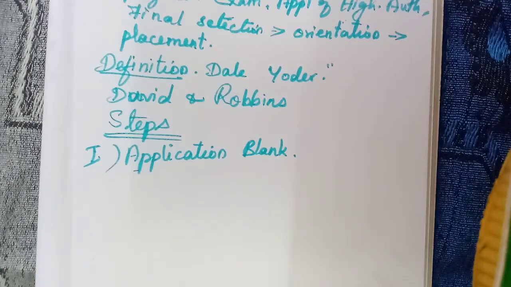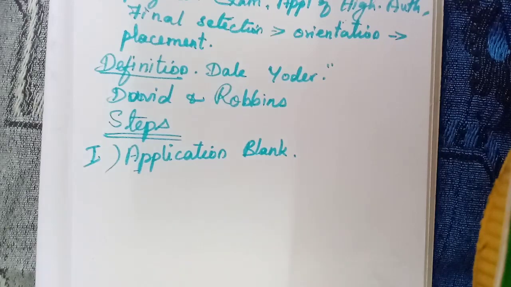Then they will ask for experience, very importantly. Then any other related activities they are involved with. Then the scale of pay drawn, how much they are already drawing, and the expected scale of pay from this organization.